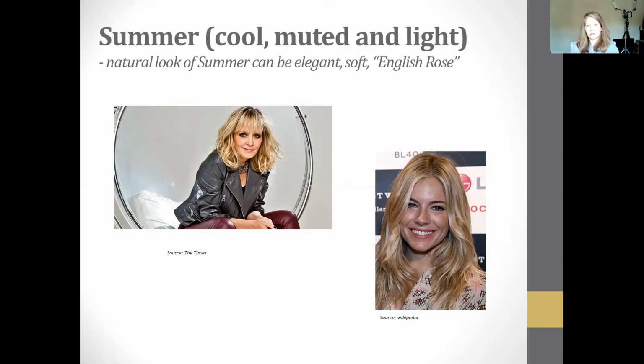And as you can see, the colours that she's wearing are paler, more muted, they're softer colours. Twiggy is wearing the brighter, bolder versions that appear in summer, so the stronger colours. But still, the overall look is one of being a cool skin tone, muted and light.